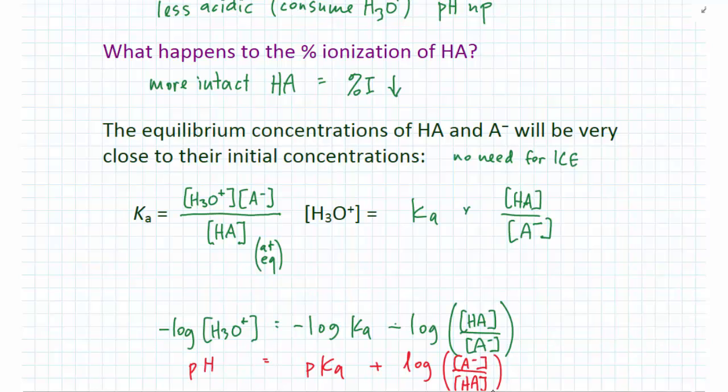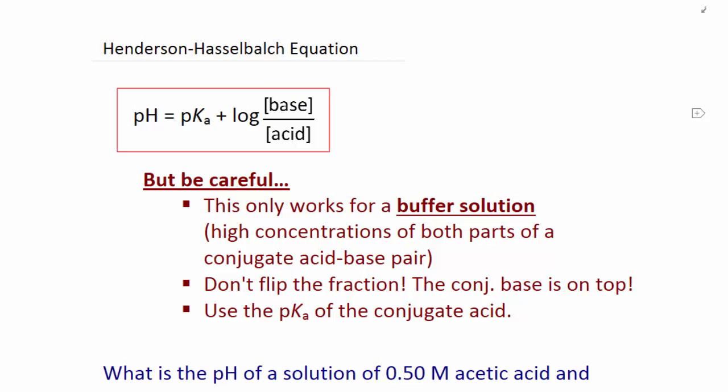So a couple of rules of logarithms. Okay, so that equation is written right here. That is sort of the main equation of this chapter. It is remarkably simple. Okay, pH equals pKa plus log concentration of base over acid. That's not a difficult calculation to do.